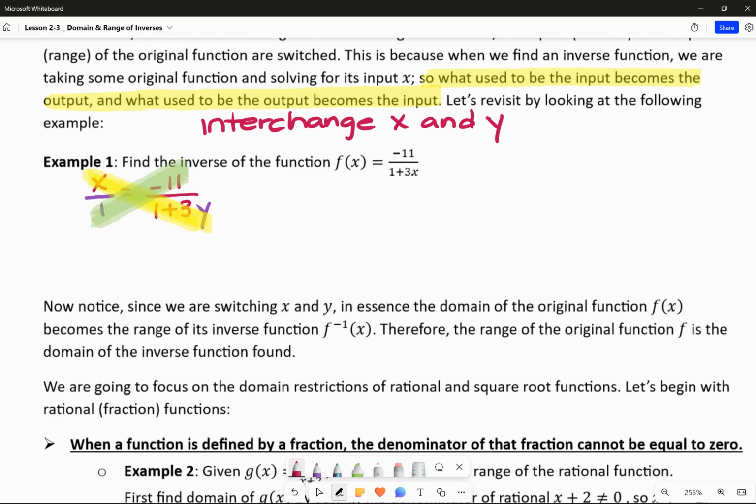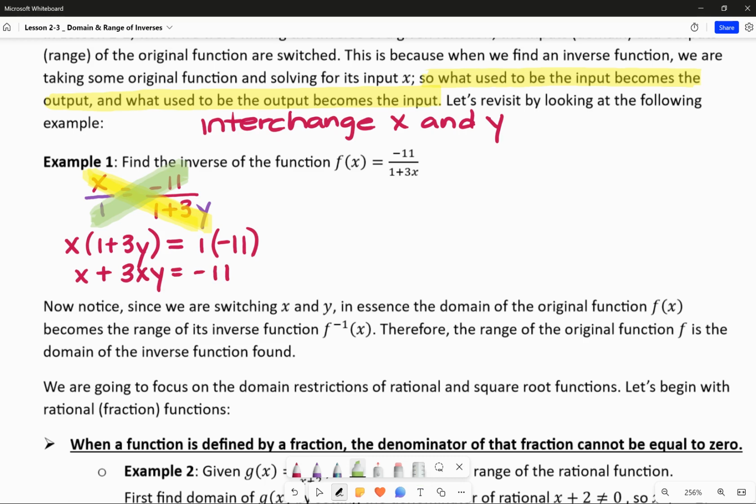Let's get the result of that. x, open parentheses, 1 plus 3y, is set equal to 1 times negative 11, or negative 11 times 1. It doesn't matter the order. We need to distribute. So x times 1 is x, plus x times 3y is 3xy, equals negative 11.